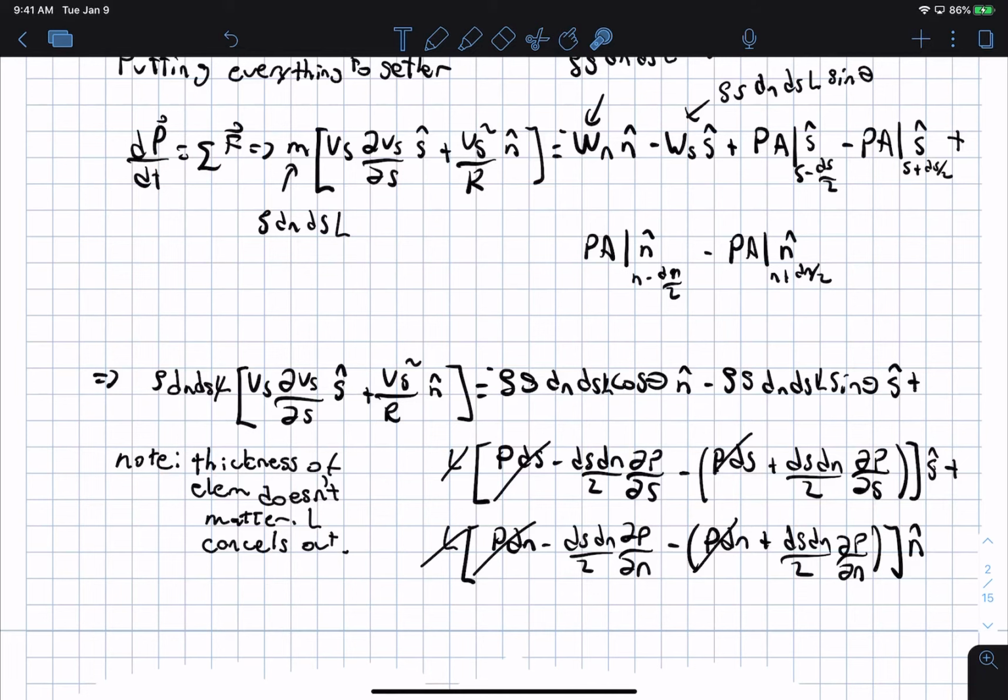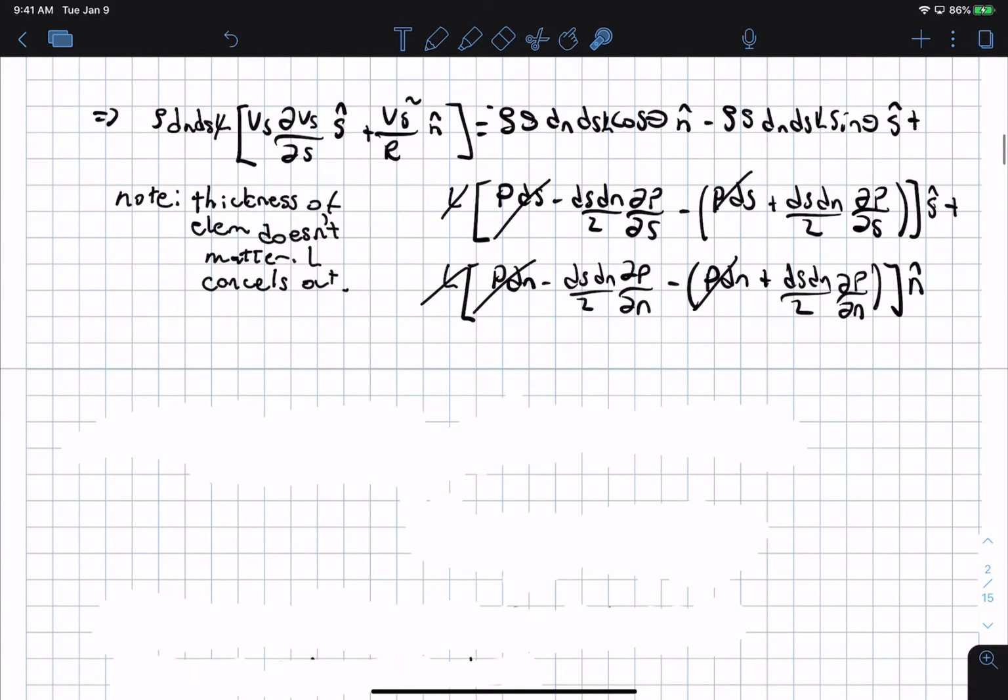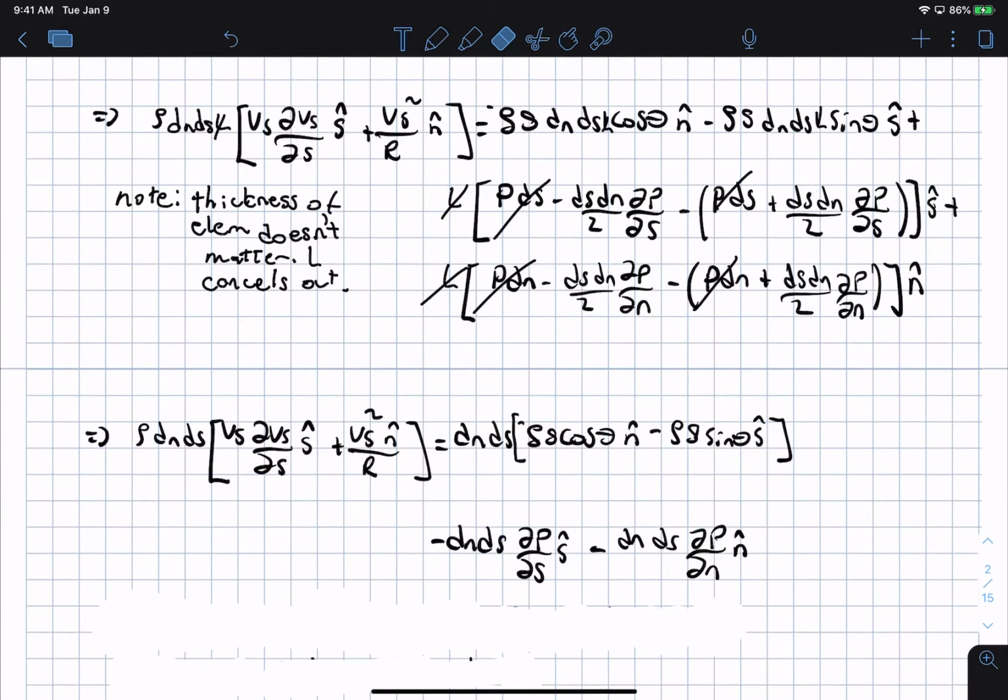Okay, so now we can work with this a little bit more. I just cleaned this up a bit. I just got rid of the L's and these terms here. And so this expression basically simplifies into this. Basically, these two terms are equal, and so the ds dn over 2, you add another ds dn over 2 dp ds, and so you just get 1.